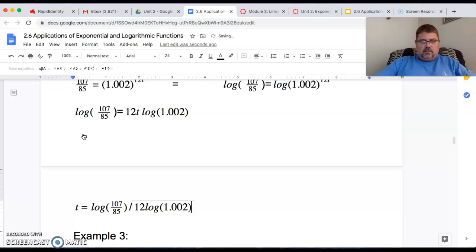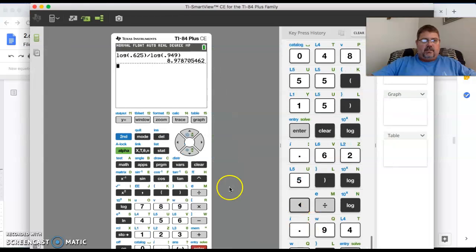1.002. And that is going to be approximately, we'll show you how to do that if you needed to know.